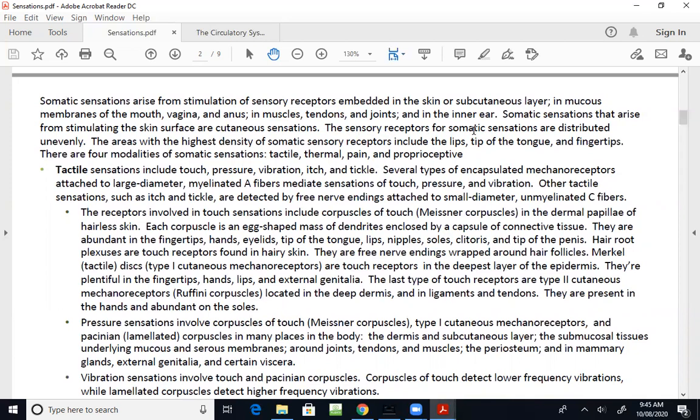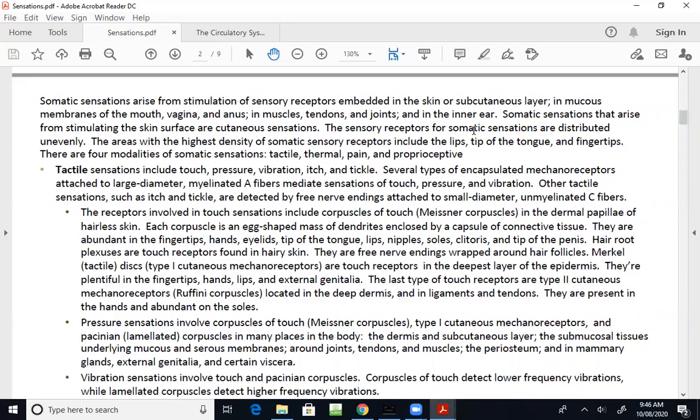The places that have the highest density of somatic sensory receptors include the lips, the tip of our tongue, and our fingertips, which, if you think about it, are the places that come into contact with stuff the most. When we feel for things and when we touch things and we're trying to feel textures and that kind of stuff, test temperature, we're using our fingertips.